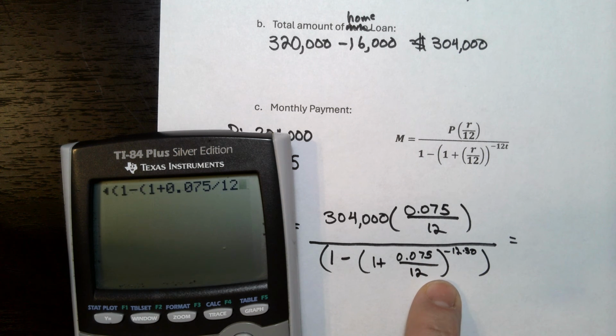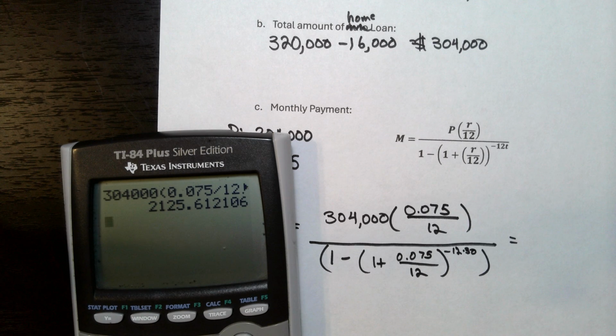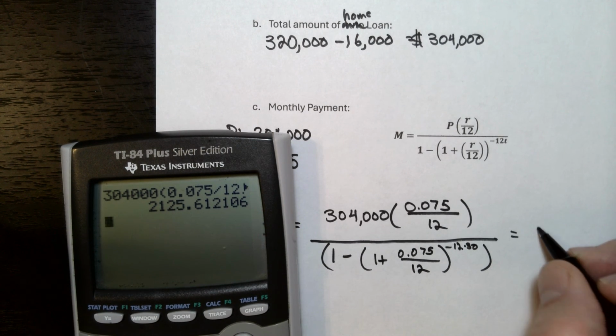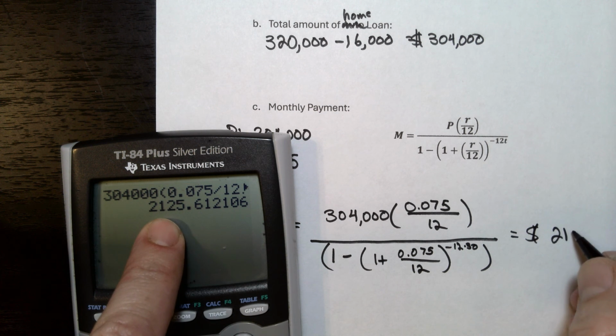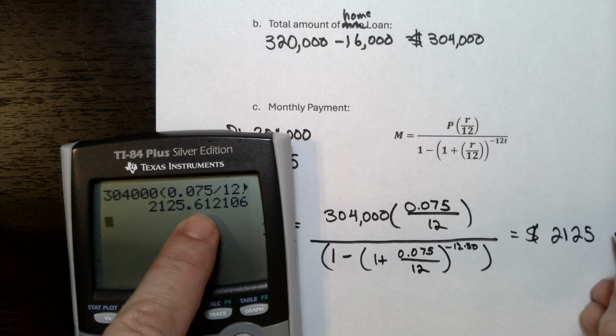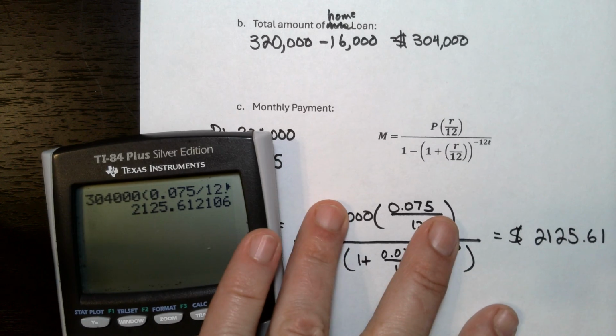Close this parentheses, raise it to this power, negative 12 times 30, and get out of the exponent, close that parentheses, and then hit enter, and you get $2,125.61. And that is your monthly payment for that house.